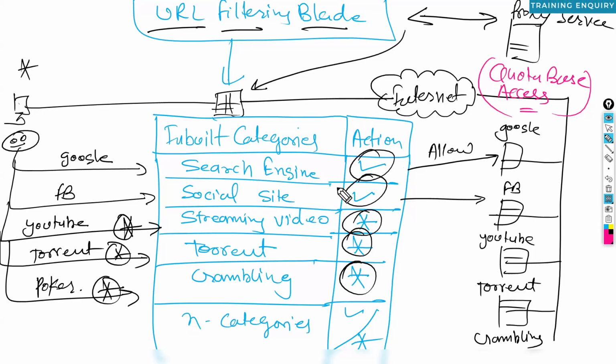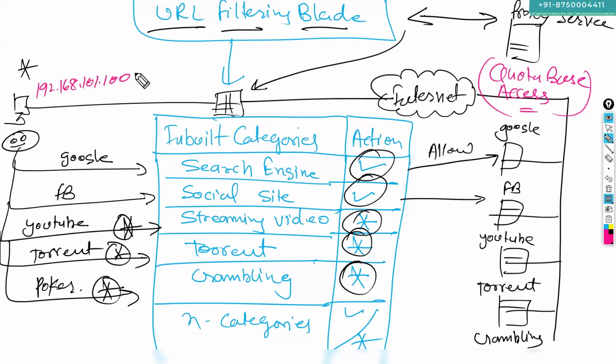Okay, this can be done by proxy server. But on proxy server, you can set here, for example, if we have a user here, you can assume IP 192.168.101.100.